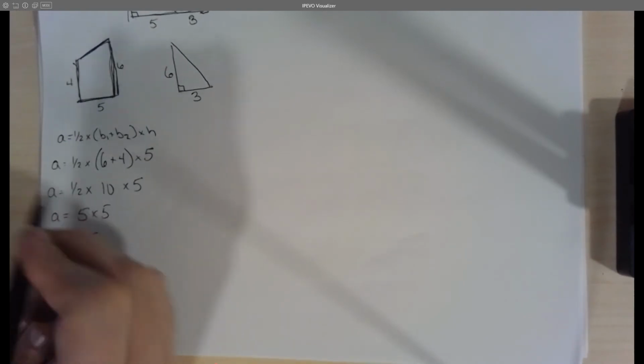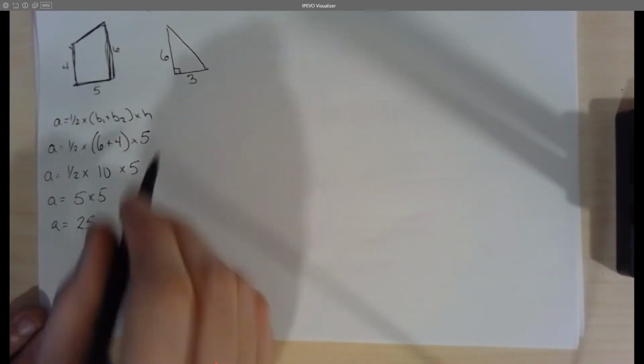So 6 plus 4, our 2 parallel sides, times our perpendicular height, which is 5. So area equals 1/2 times 6 plus 4 is 10, times 5. 1/2 times 10 is 5, times 5, or an area for the trapezoid of 25.